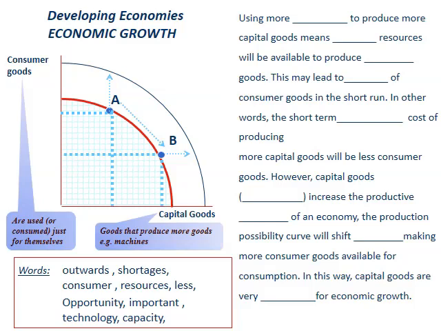In order to increase their capacity to produce, they have to invest in, for example, education, so that their workforce is better educated, more skilled. And to do that, they have to take resources away from consumer goods.